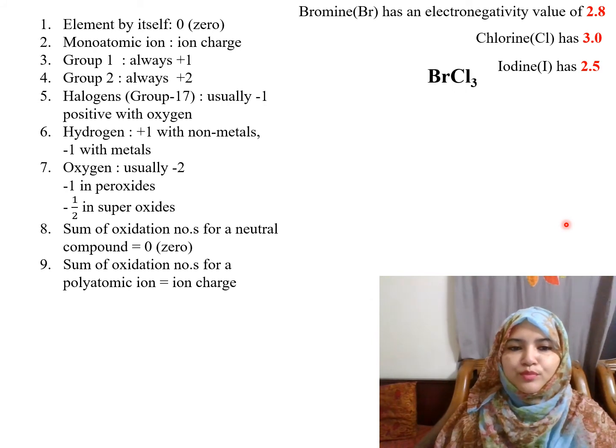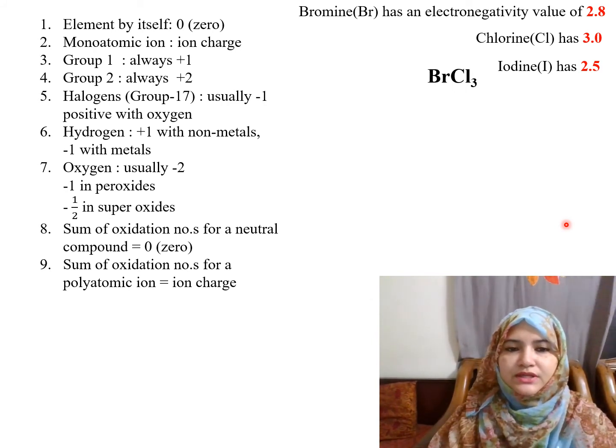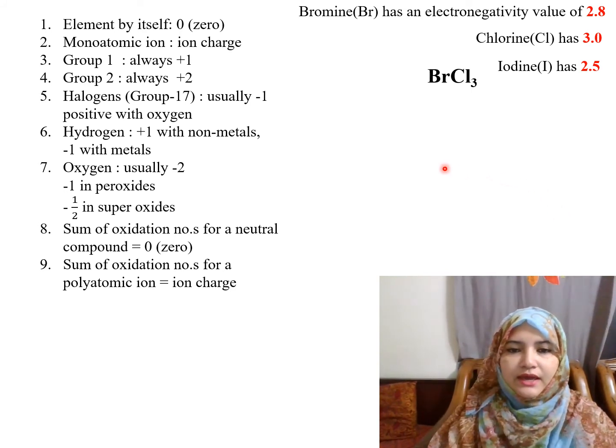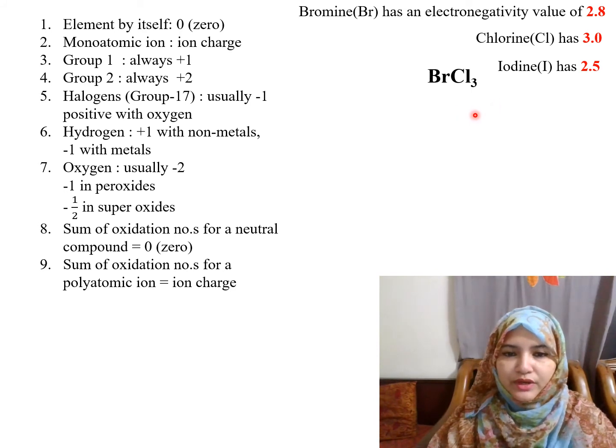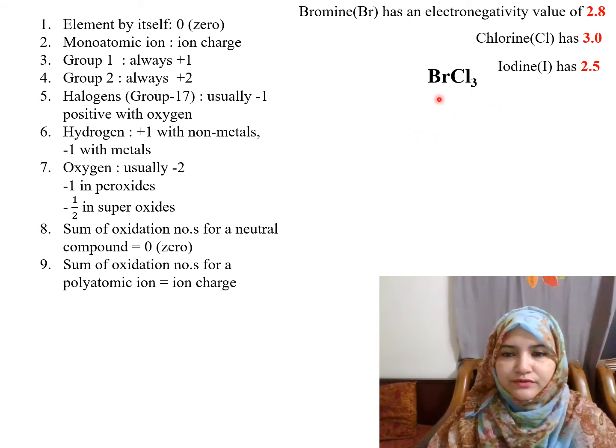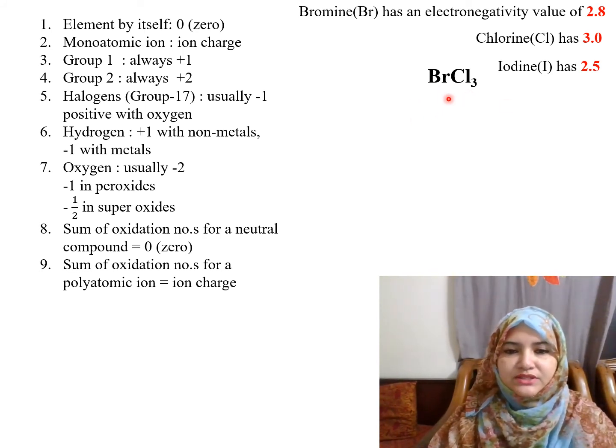We know most halogens like chlorine, bromine, and iodine typically have a minus one charge. This is our rule. But in bromine trichloride, both bromine and chlorine cannot be negative. Both elements are halogens, but both cannot be negative. So which one is negative and which one is positive?